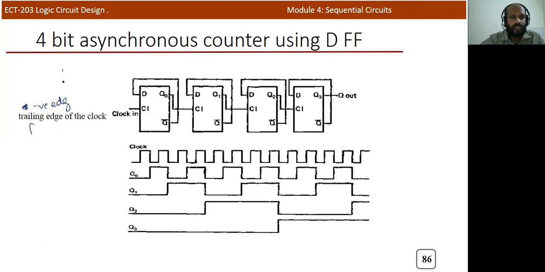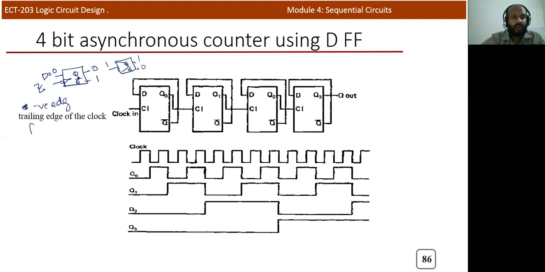We know that for the D flip-flop, if the D input is 0, your Q will be 0 during the clock cycle, let it be negative edge triggered, and the corresponding Q bar is equal to 1. And when the D input is 1, Q is equal to 1 and Q bar is equal to 0.